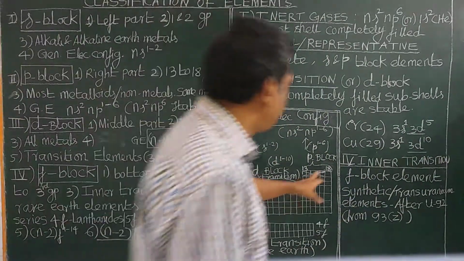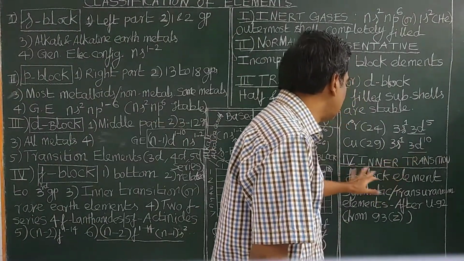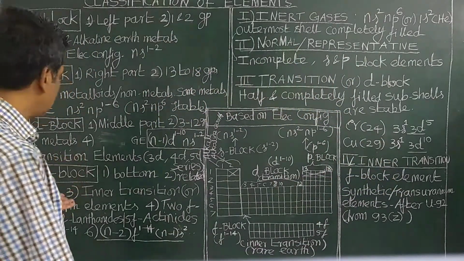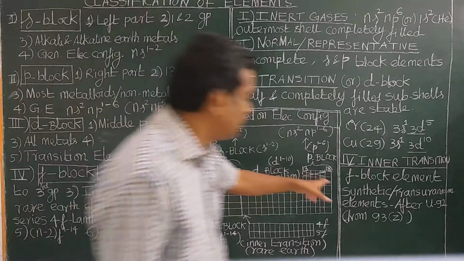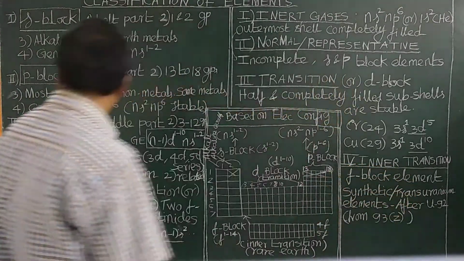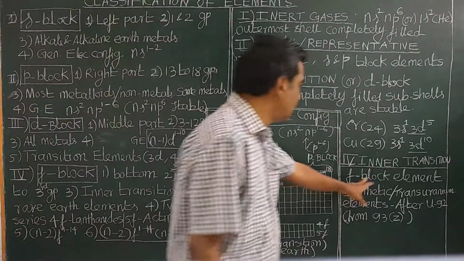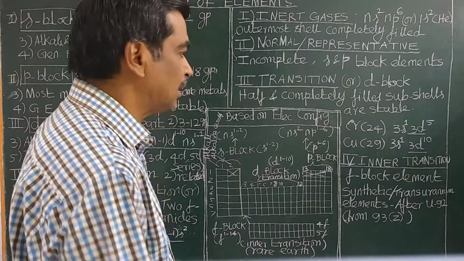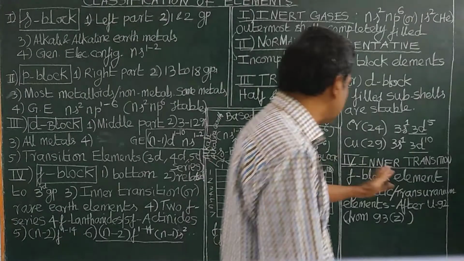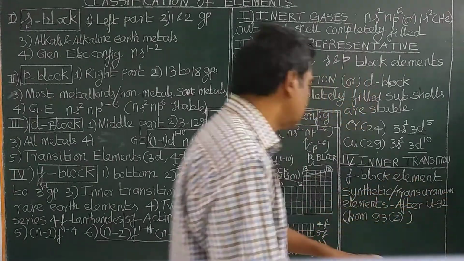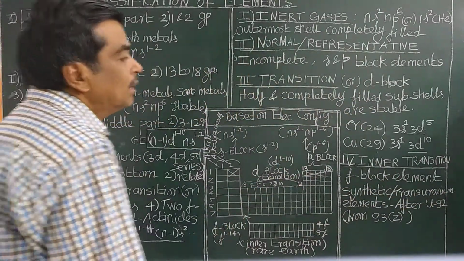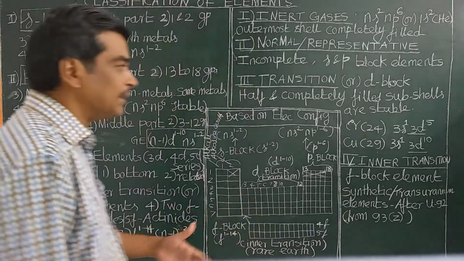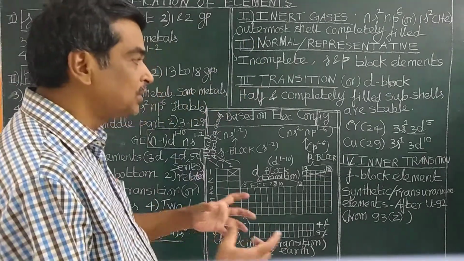Now, the fourth and last type is inner transition elements. F block elements are nothing but inner transition elements. So you can take all these points here again. And what are synthetic elements? What are transuranium elements? Inner transition elements include synthetic elements, the transuranic elements. They are synthetically obtained in nuclear reactors.